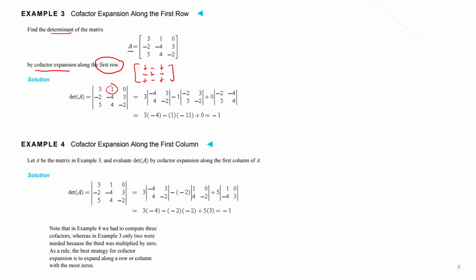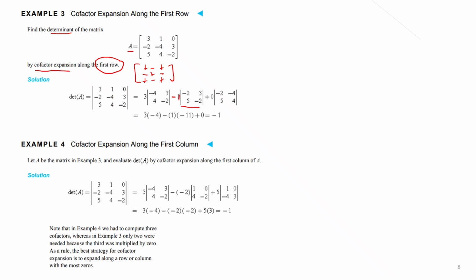Because you have a minus sign here, minus 1 multiplied by the one that you delete here, this and this, minus 2 3 5 minus 2. So this you need to find the determinant of.